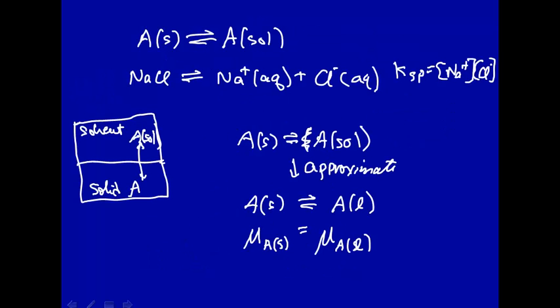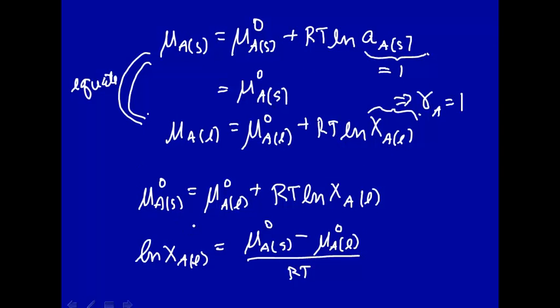So how much A goes in here is the mole fraction of A when this is at equilibrium. Okay, so let's do one more simplification. I claim that this is minus the free energy of melting, which is called fusion, partial molar free energy, divided by RT. Why is that?